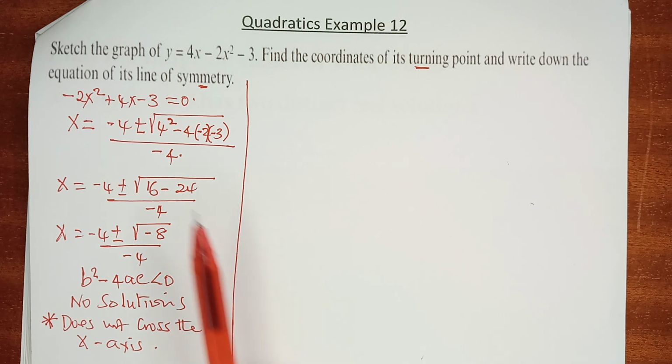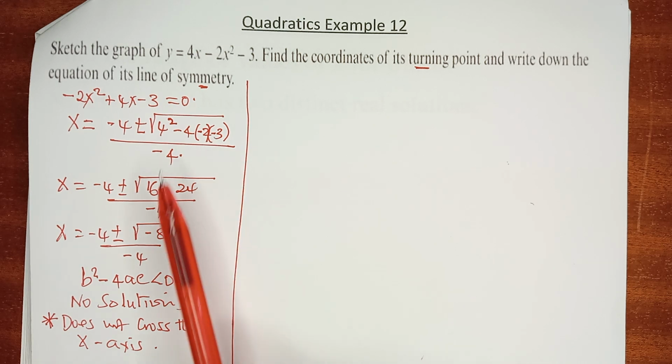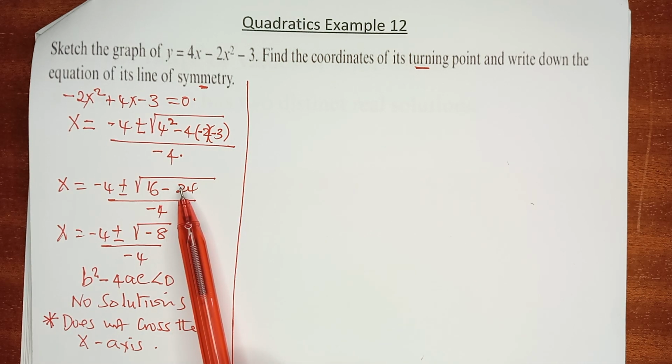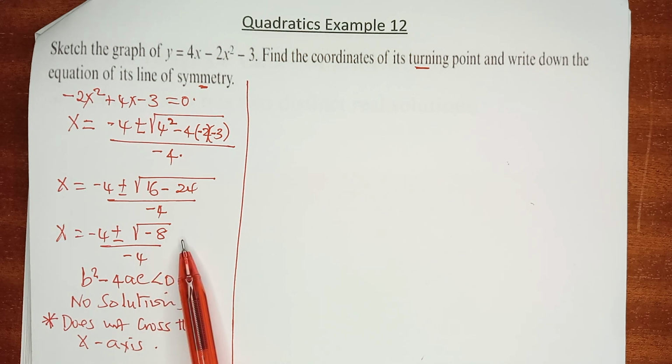We evaluate: 4 times minus 2 times minus 3 is negative 24, and 16 minus 24 is negative 8. Negative 8 is under the root, and it is actually the discriminant.